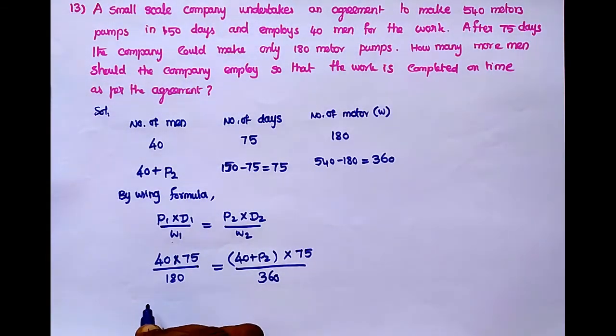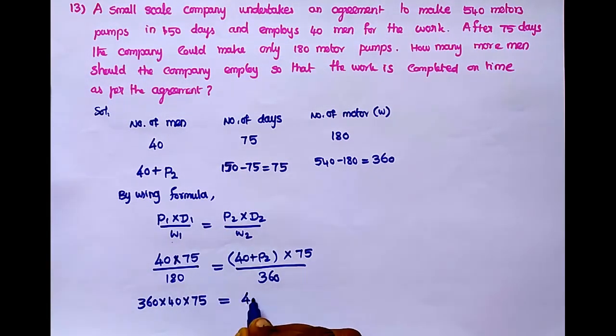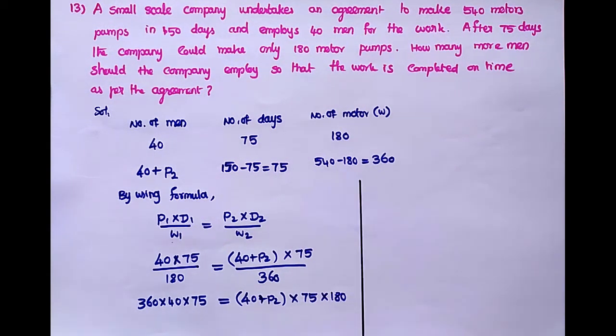Now take the cross multiplication. 360 into 40 into 75 equals 40 plus P2 into 75 into 180. Now change the LHS and RHS. Listen, 40 plus P2 into 75 into 180 equals 360 into 40 into 75.